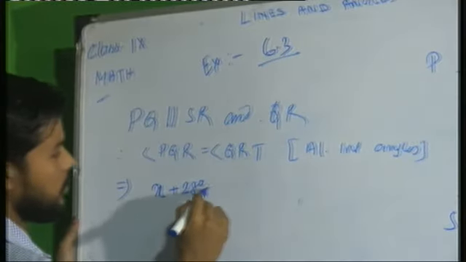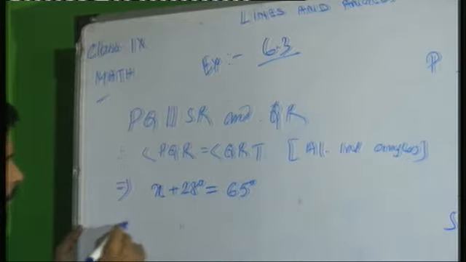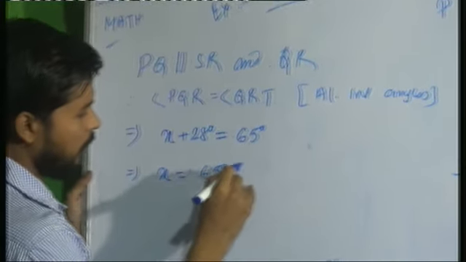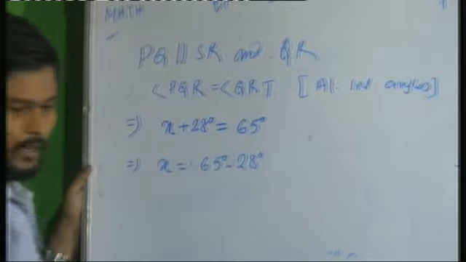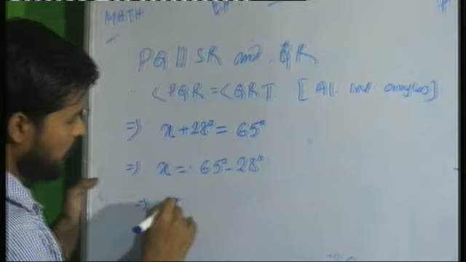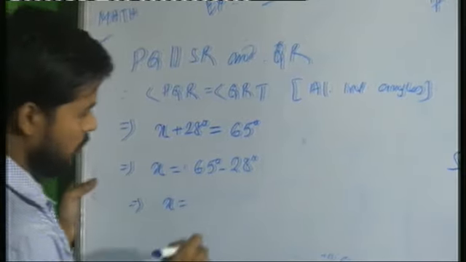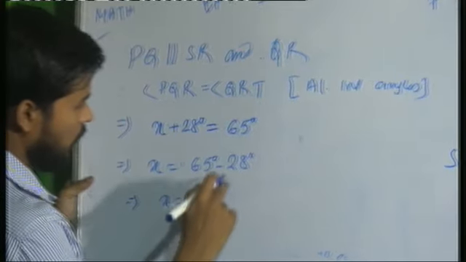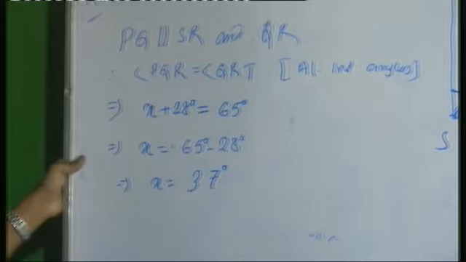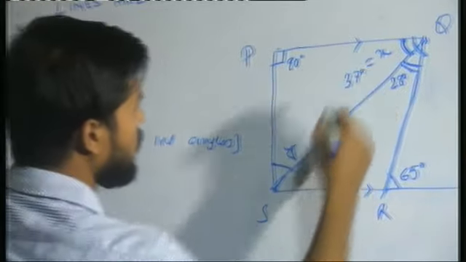So X plus 28 degree is equal to 65 degree. That means X will equal to 65 degree minus 28 degree. Now if I subtract this, we have X is equal to 5 minus 8, and 1 3, so 3. So this is equal to 37 degree. So value of X is equal to 37 degree.